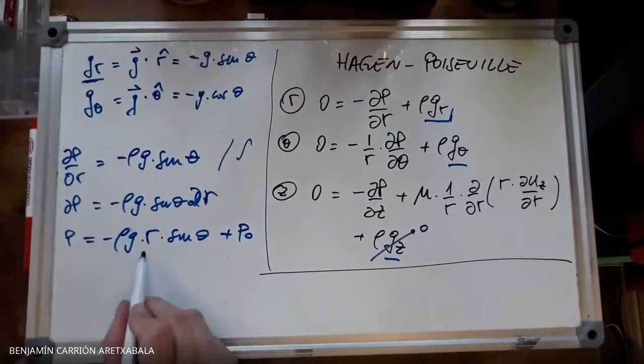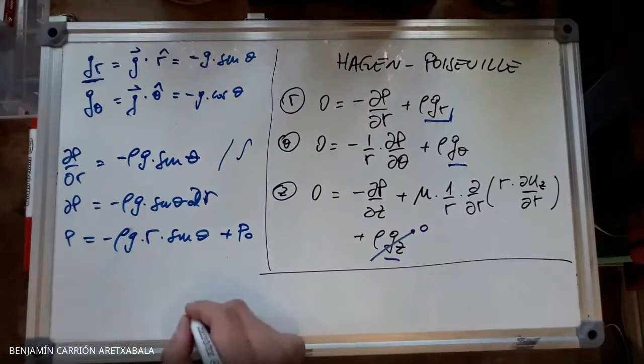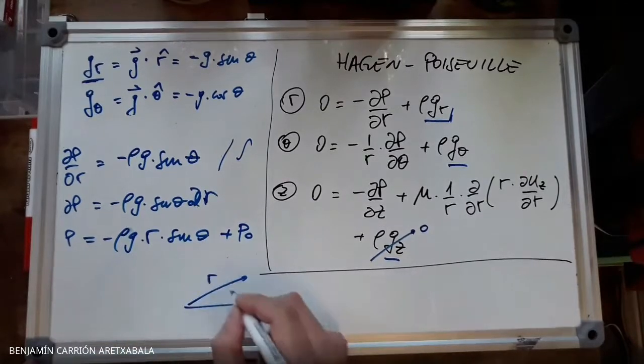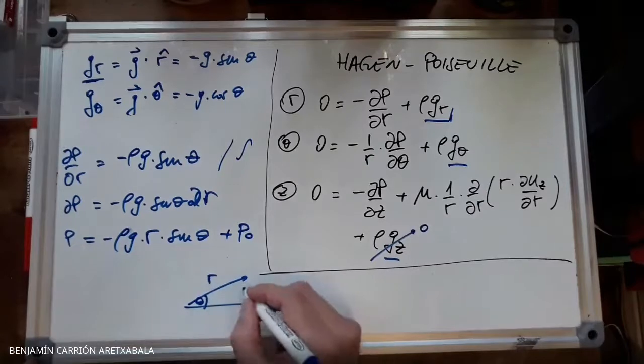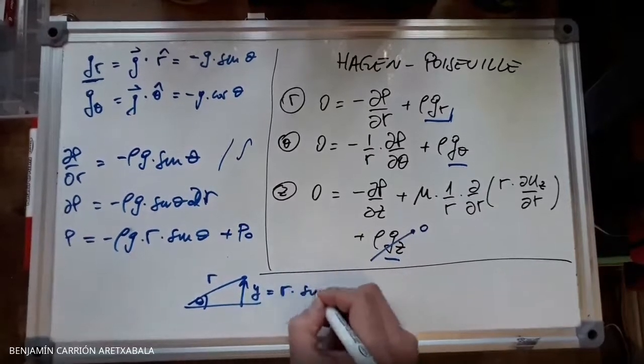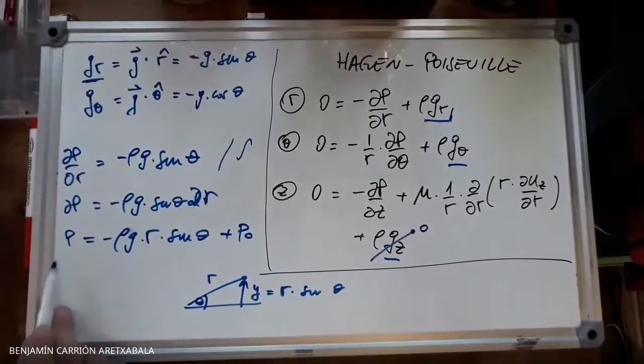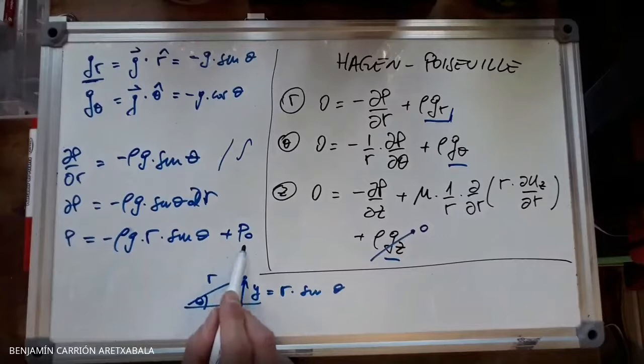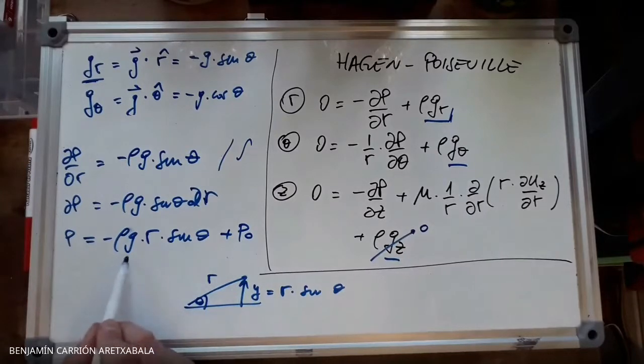Now, what you can see, r sine of theta, this is nothing more than the vertical direction, right? This is r, this is theta, so this is r sine theta. So what this is saying is that pressure is going to be some reference pressure, P0, and then it's going to drop as we go up.